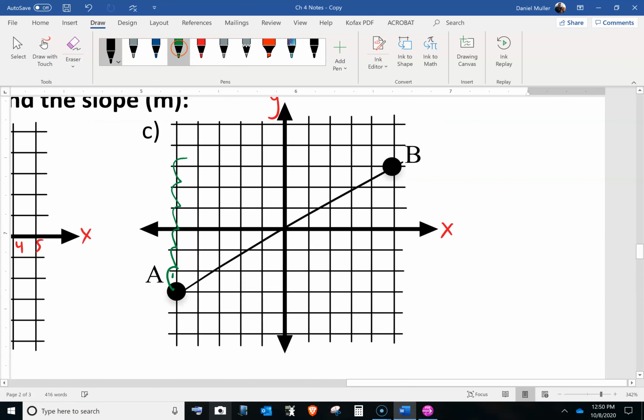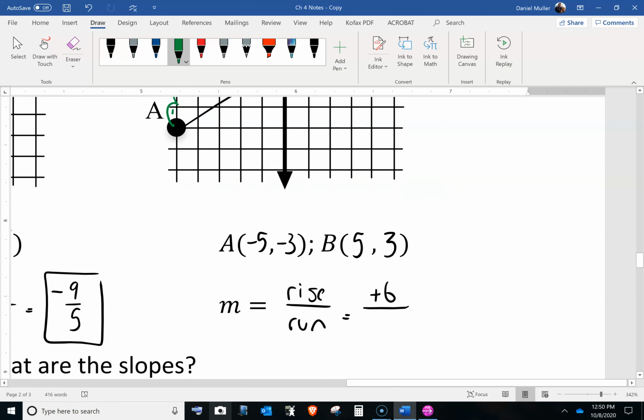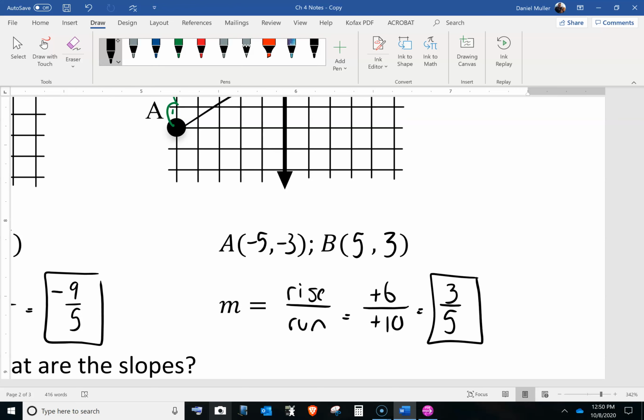And then how far right? 1, 2, 3, 4, 5, 6, 7, 8, 9, 10. So 10 to the right. And right is positive, so it's a +10. I don't need to write the positives again, but 6/10 can be reduced to 3/5. So my steepness or my slope is 3/5.